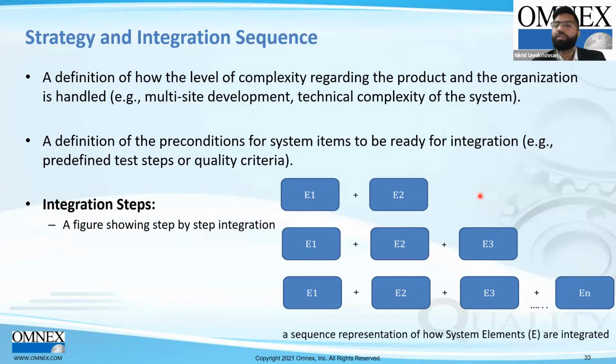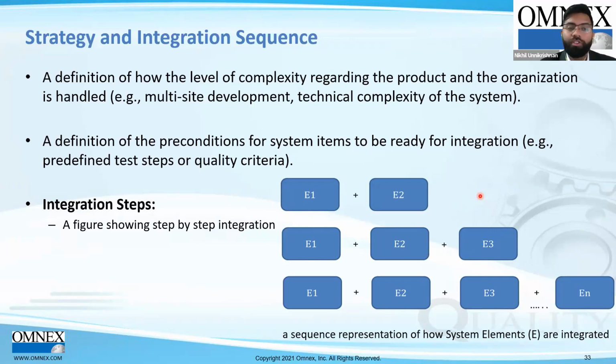Now, strategy and integration sequence. This mainly applies to the SYS.4 process rather than SYS.5, which is the system qualification testing process. That's where this one slide that I'm showing you right now becomes more important. When we're talking about integration, we're taking your individual blocks, let's say the subsystems, and putting them together to build the overall integrated system.